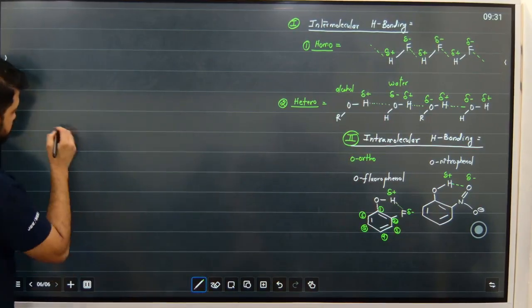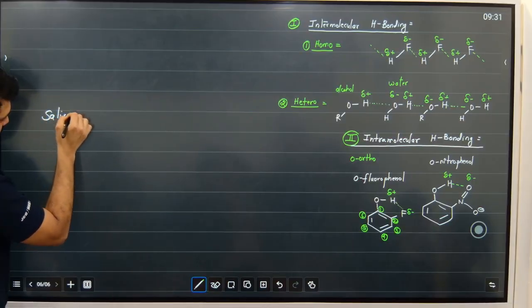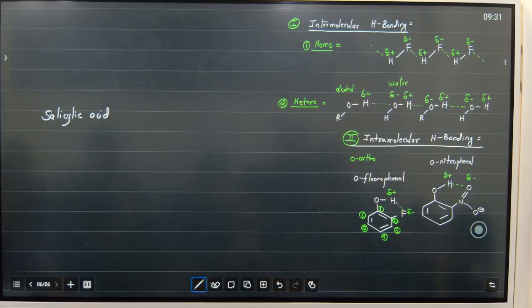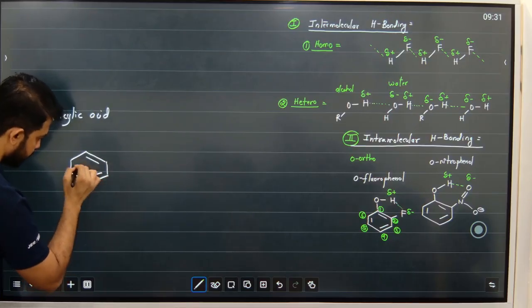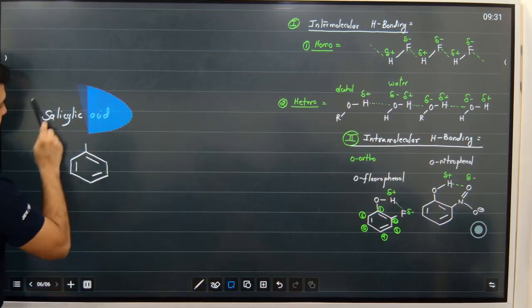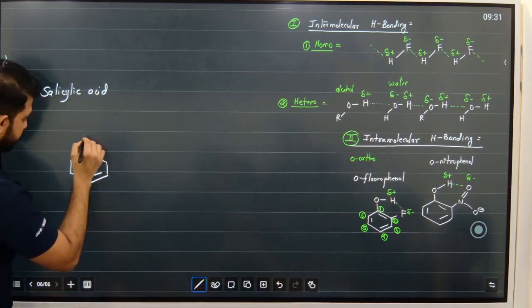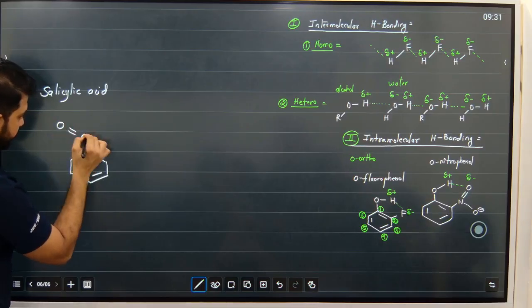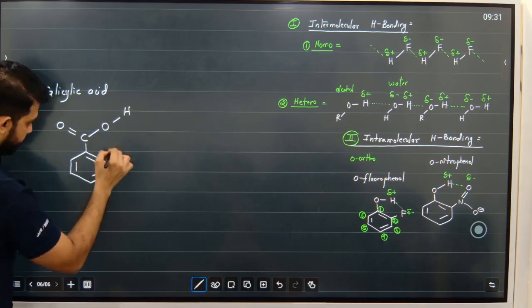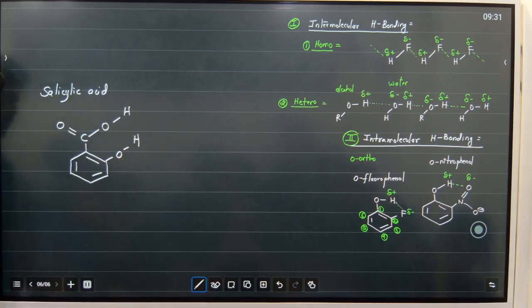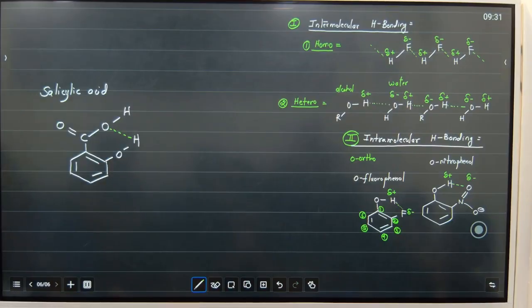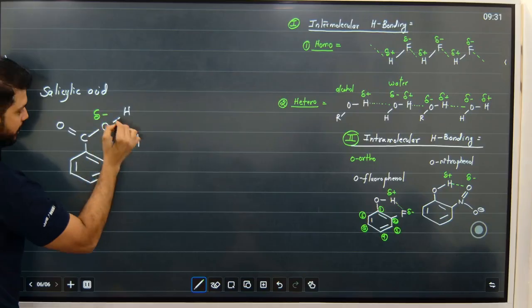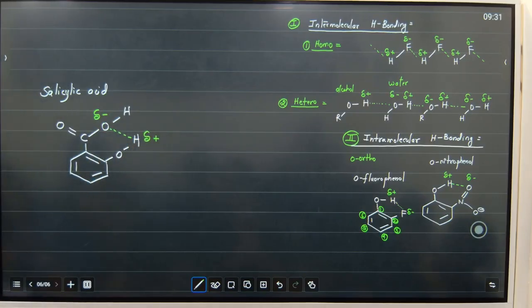Next example that we have is called salicylic acid. The structure of salicylic acid is something like this. And hydrogen bonding is between this particular oxygen and this particular hydrogen.